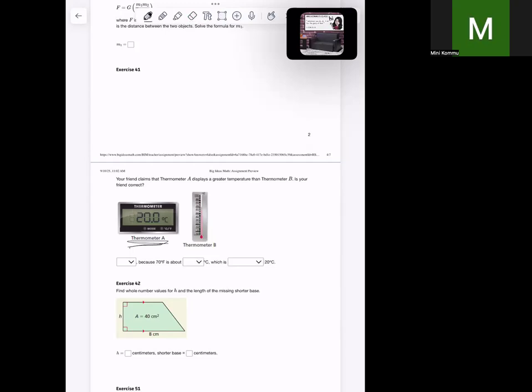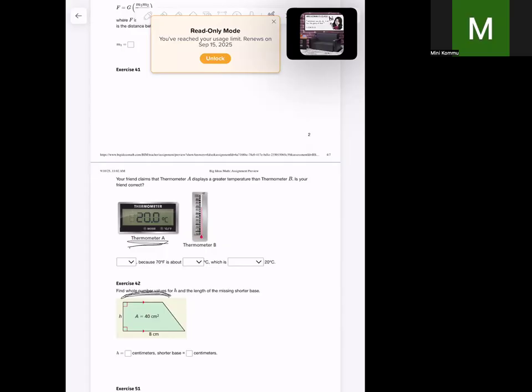All right. So what they're asking is, they gave you the area. Height is h. You have to find h and you have to find the shorter base. Now the formula for area of a trapezoid is same as the formula of an area of a rectangle or any parallelogram.